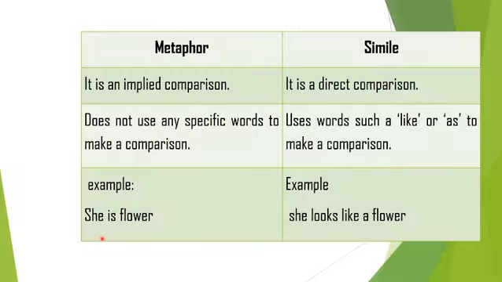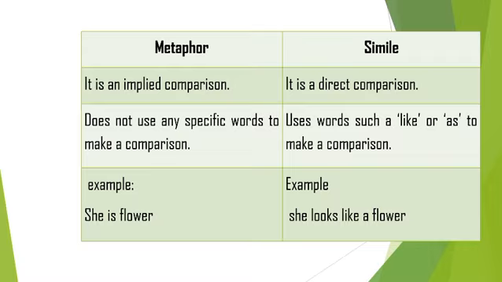Example of metaphor is she is a flower. Example of the simile is she looks like a flower. I hope you have a clear idea about simile and metaphor as figures of speech.